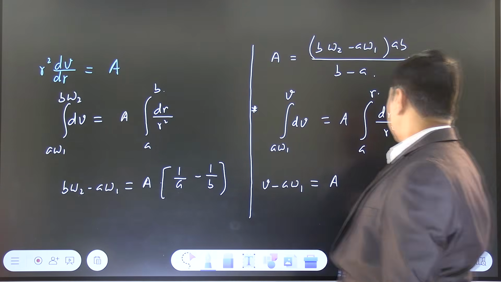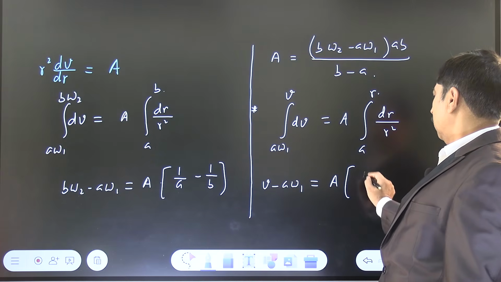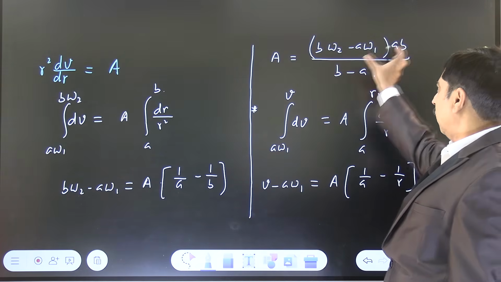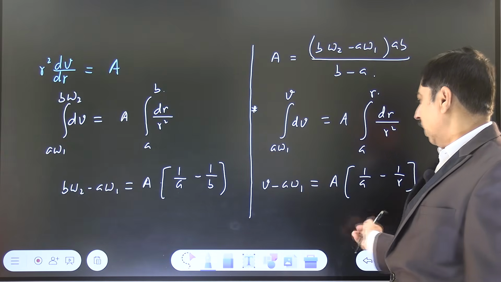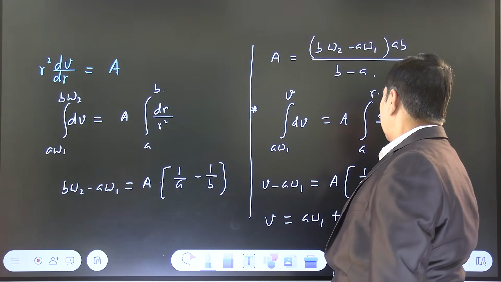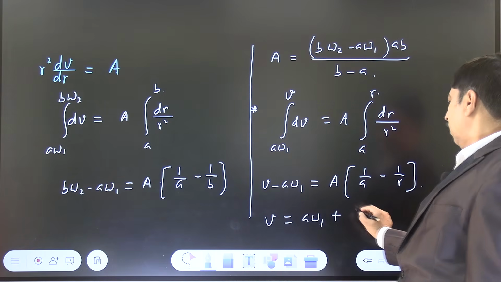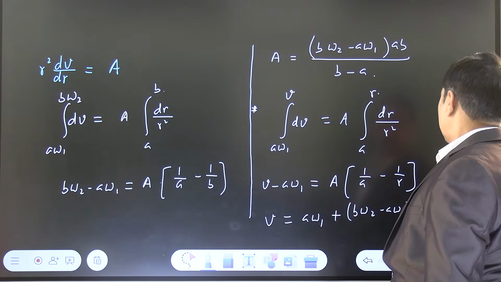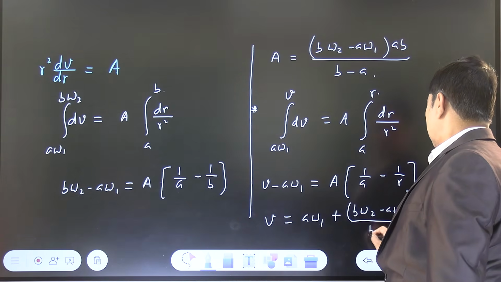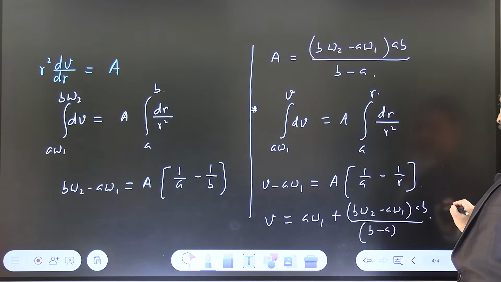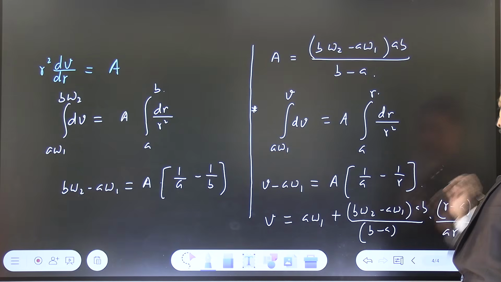So there is A, and obviously this becomes 1 by a minus 1 by r. So in place of A you need to substitute this, you get the value of V. V is A omega 1 plus (B omega 2 minus A omega 1) AB by (B minus A) into (r minus a) by a r.